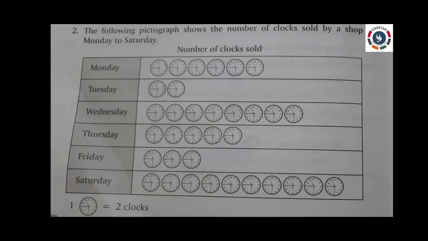One more example. The following pictograph shows the number of clocks sold by a shop Monday to Saturday. One clock picture is equal to 2 clocks. First question.